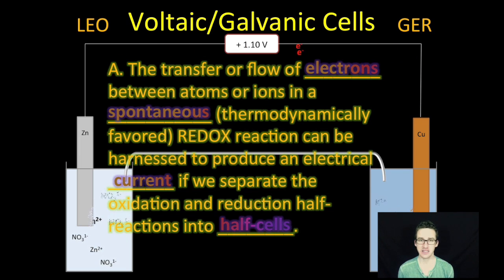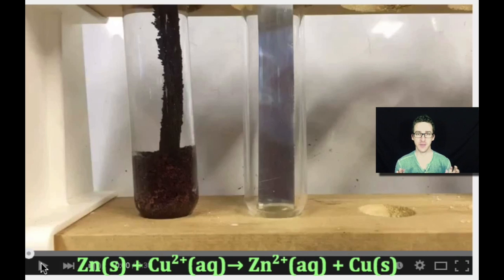And in these spontaneous redox reactions, we can harness that flow of electrons to produce an electrical current if we separate the oxidation and reduction half reactions into half cells. Okay, so let's take a look at this beauty of a video that we're about to watch. This redox reaction is the reaction between solid zinc and copper ion in a copper solution.